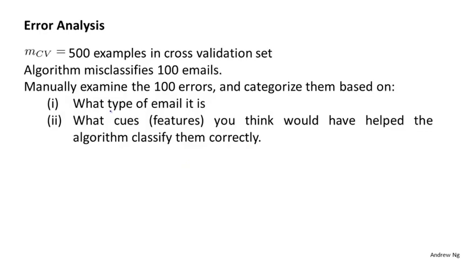So specifically by what type of email it is, if I look through these 100 errors, I might find that maybe the most common types of spam emails it misclassifies are emails on pharma or on pharmacies, basically emails trying to sell drugs, maybe emails that are trying to sell replicas, so sort of fake watches, fake random things, maybe some emails trying to steal passwords.